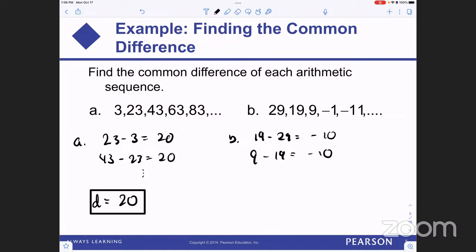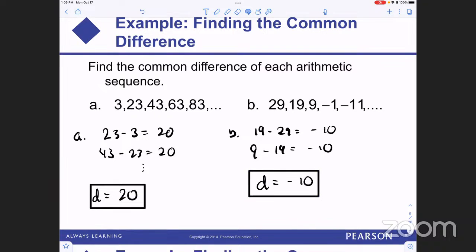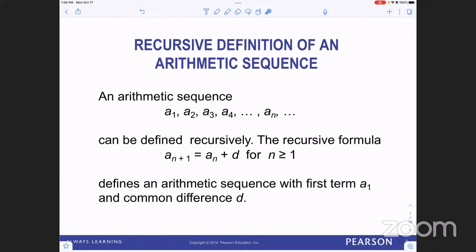So we're adding negative 10 each time, so our common difference is negative 10. So we got 20 for part A and negative 10 for part B. Okay, let's keep going to see how this goes.